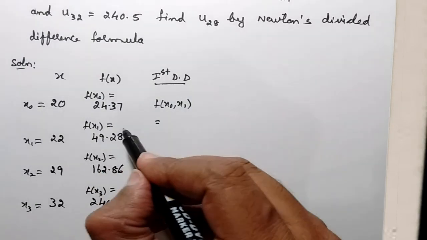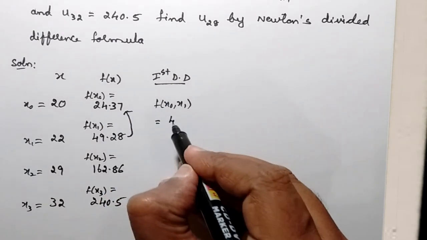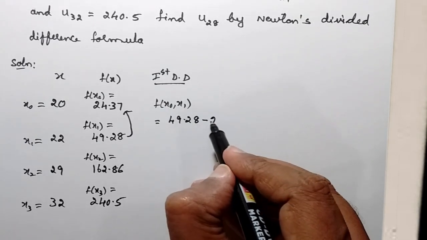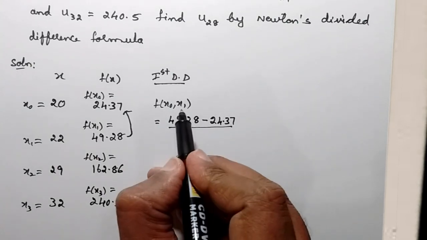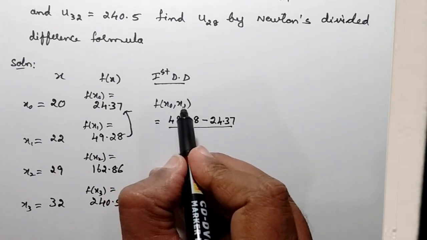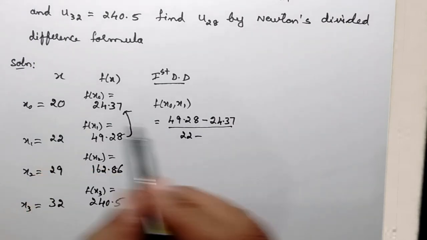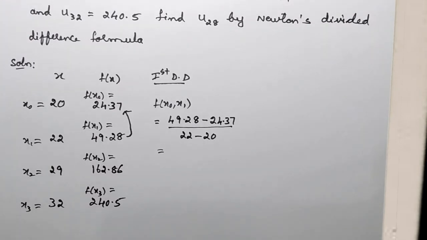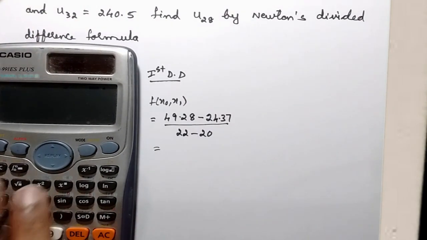So either you can use the formula or you can write it directly, the difference of these two values, that is 49.28 minus 24.37 divided by the final value minus the initial value, that means x1 minus x0. x1 is 22 minus x0 is 20. So you can just evaluate this value using the calculator. You use the division there.